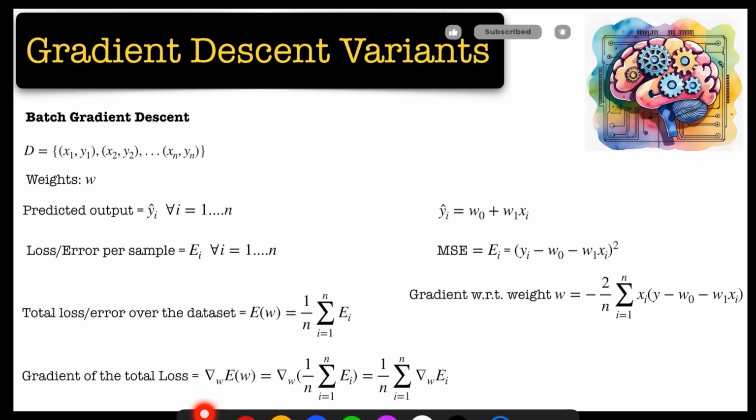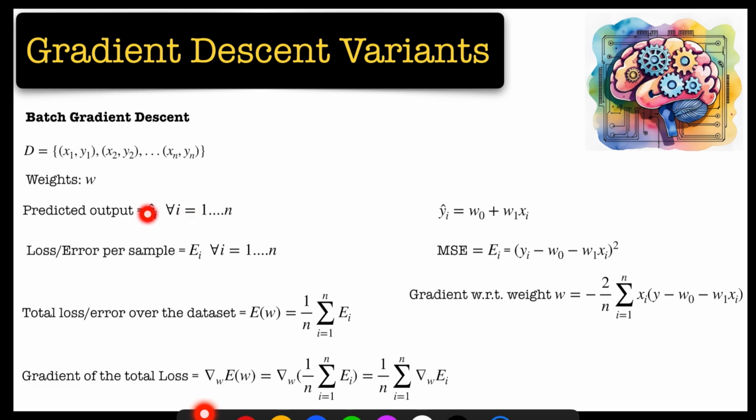Now let's start with batch gradient descent. What is it? We'll have the data set, let's say x1, y1, x2, y2 till xn, yn, these n data points with the samples and the outputs, right? We'll have some weights W, and the predicted output, let's say yi hat for all i from 1 to n.